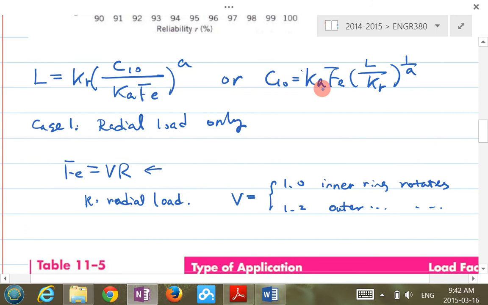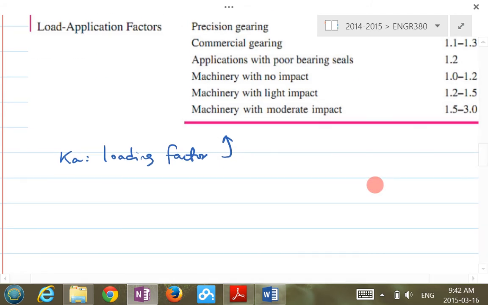Is that okay? So now let's look at the first case, and we'll look at the procedure of selecting the bearing based on this case. When you have radial load only, so if you use a spur gear, that's probably the procedure you're going to use. Let's look at the first case through an example right here.